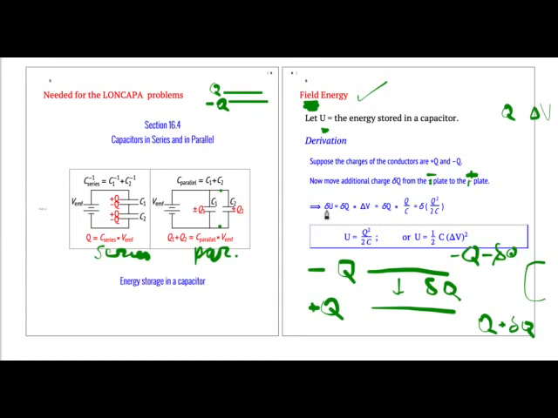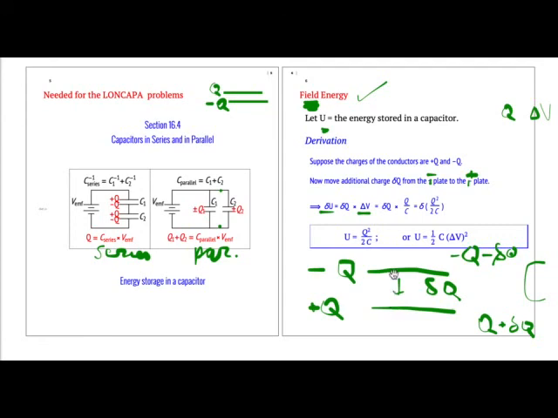What's the change in the energy? Well, you have to remember the relationship between energy and electric potential. The energy change is the amount of charge times the voltage difference from the lower plate to the upper plate.